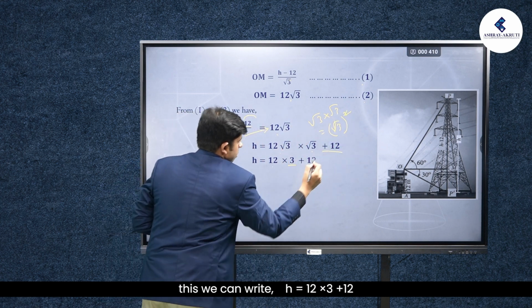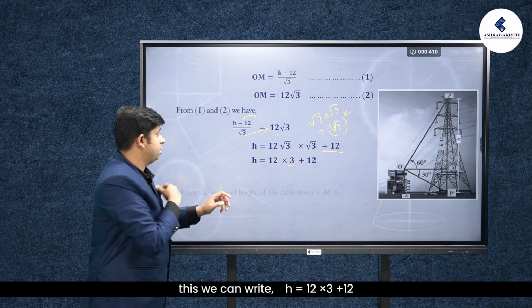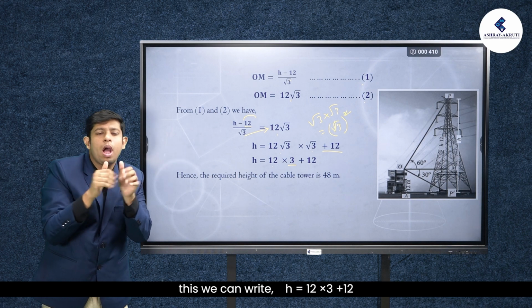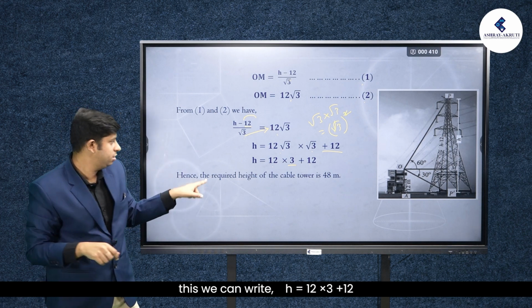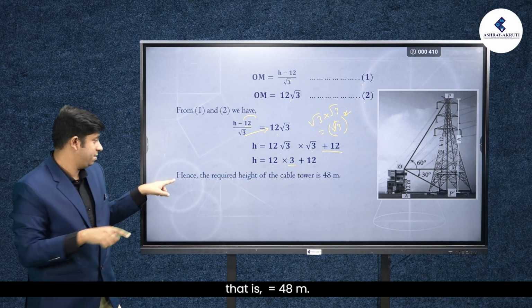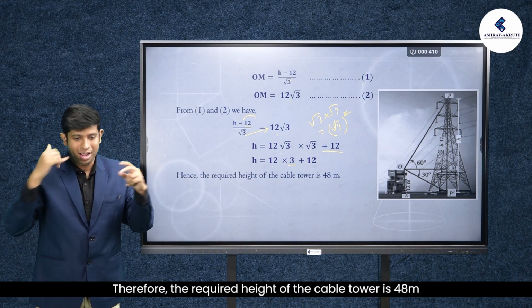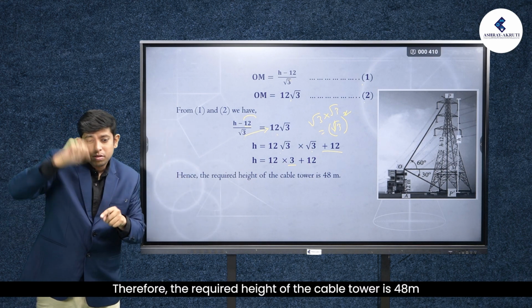This we can write H is equal to 12 into 3 plus 12, that is equal to 48 meter. Therefore, the required height of the cable tower is 48 meter.